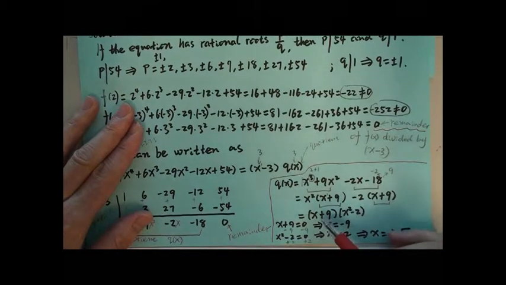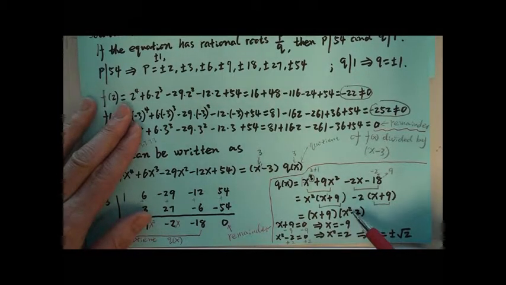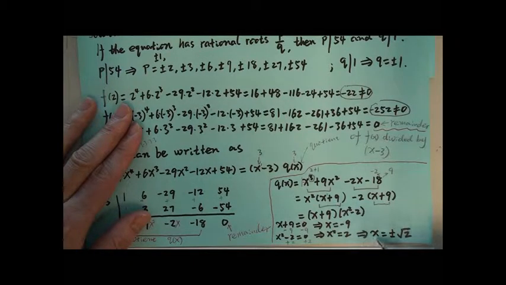From x plus 9 equals 0, subtract 9 on both sides, you have x equals negative 9. From x squared minus 2 equals 0, you add 2 on both sides, you have x squared equals 2. Take the square root, you have x equals plus or minus radical 2.